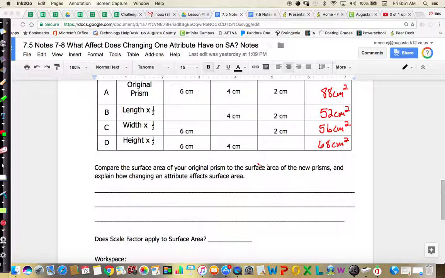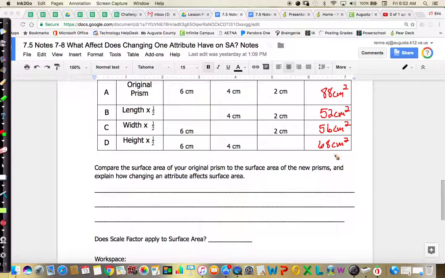So now it asks us to compare the surface area of the original prism to the surface area of the new prisms and explain how changing an attribute affects surface area. So when we did volume, when it had a scale factor of 1/2, we just cut the volume in half. So half of 88 would be 44. Now, are any of these surface areas 44?